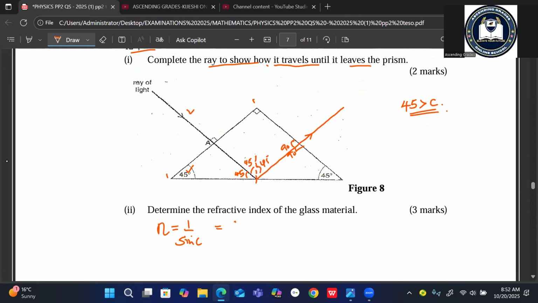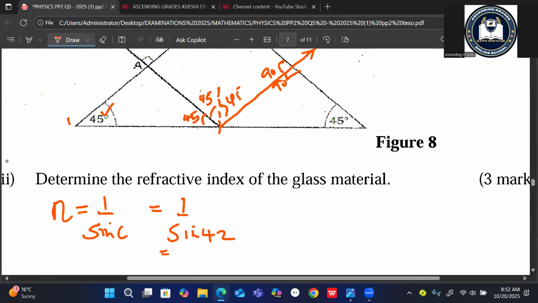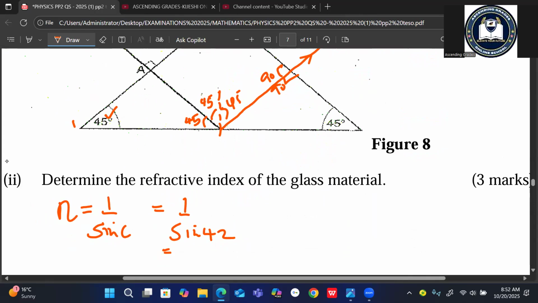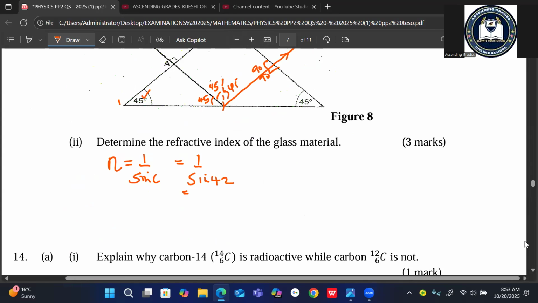Therefore, this is like saying 1 over sine of 42, and this is going to give you 1.494.